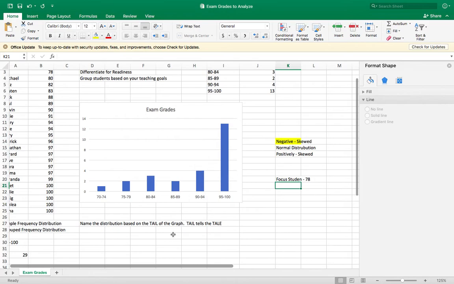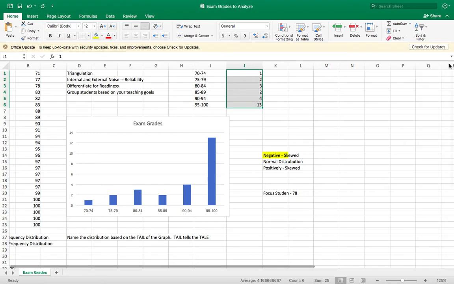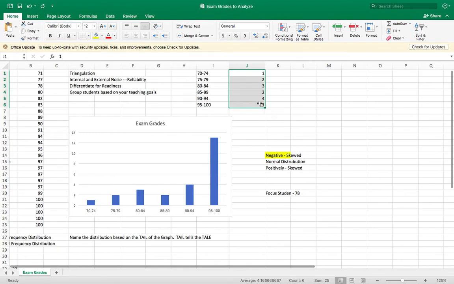Now, let's change this up a bit. Let's say that this is our distribution. Let's see. What's my sum here? Okay, so what I've done, I just highlighted all of the counts.